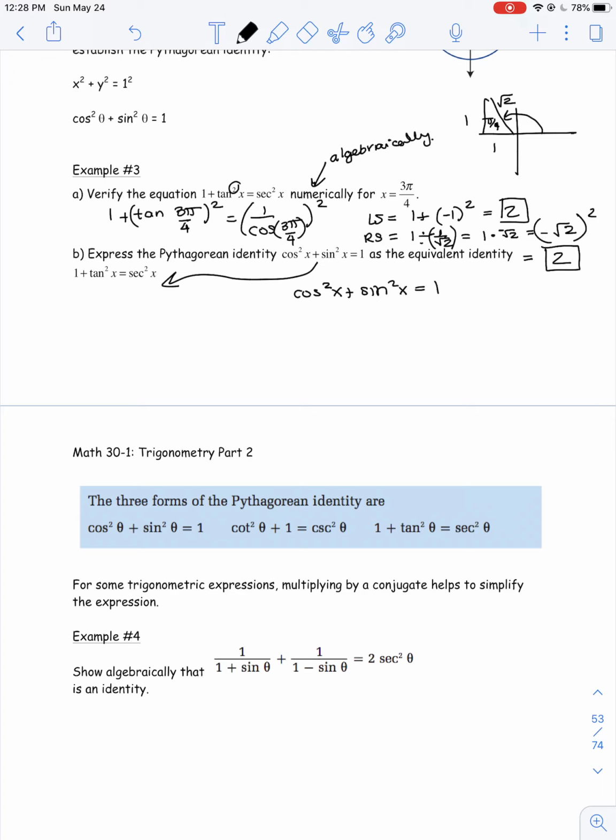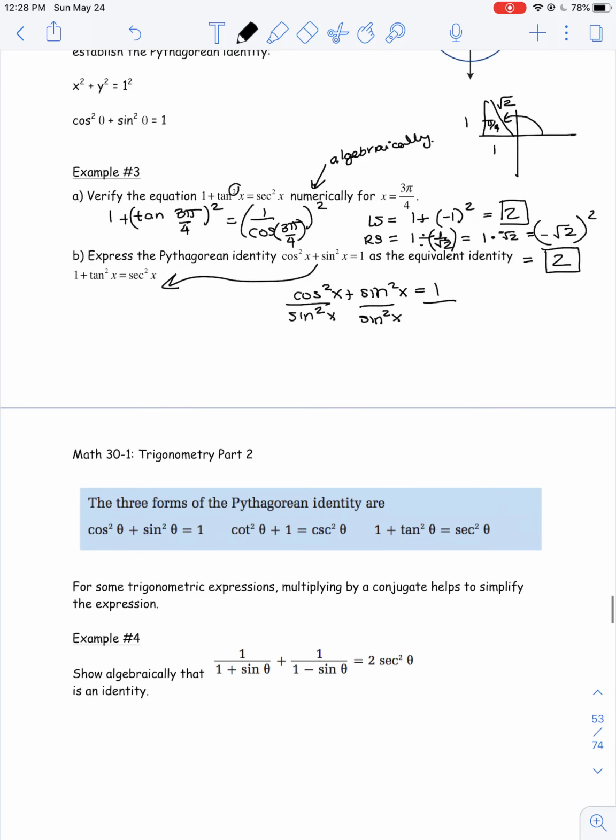What I'm going to start by doing is I'm going to divide everything by cos squared x, because we don't have any sine squared x in any of the parts. We only have cos if you look, because secant is the reciprocal of cos. So what I'll do is I'll divide this one by cos squared x, this one by cos squared x, because as long as you do it to everything, it's still equivalent. So what this will do is this will become 1.